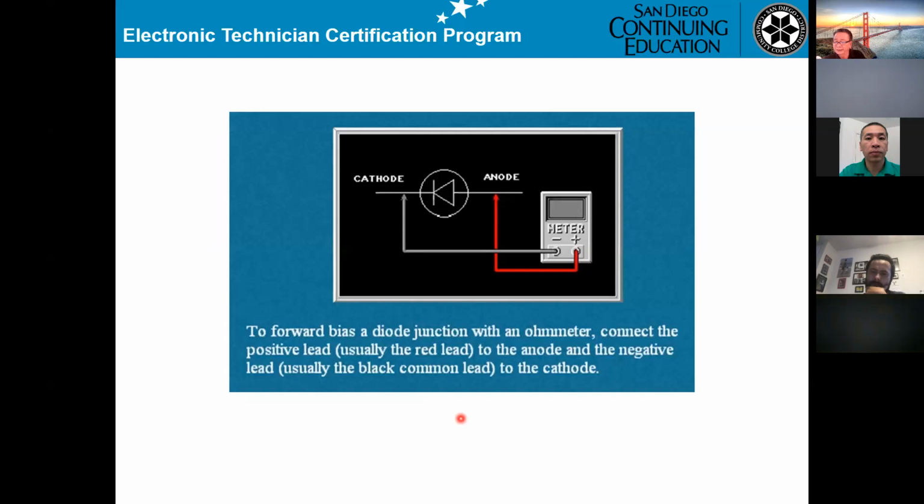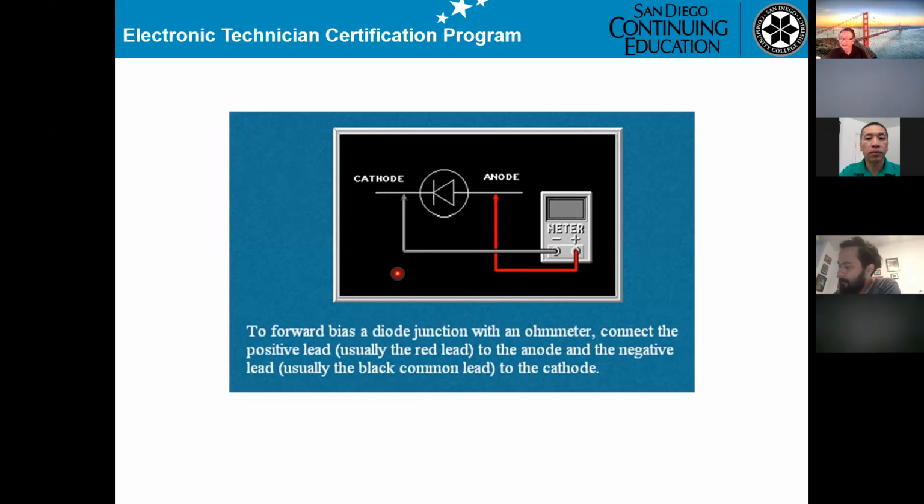Basically, they're talking about testing the diode in general. You get a diode and you want to see whether it works or not, so you can use the meter. Connect positive to the anode and negative to the cathode. If you set the meter to the diode symbol, you're supposed to get 0.6 or 0.65 volt.